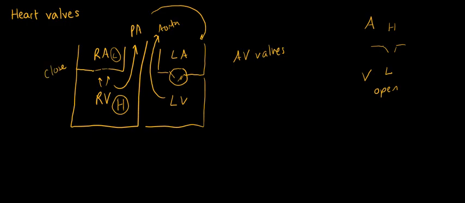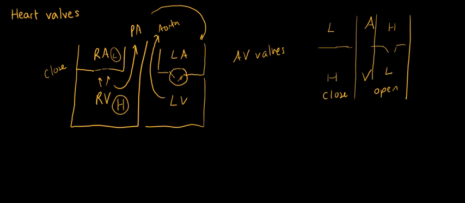So if I draw this over here, if I have a low pressure in the atrium and a high pressure in the ventricle, I end up with a valve that is going to close. So let's just mark that out here as the scenarios that will arise.